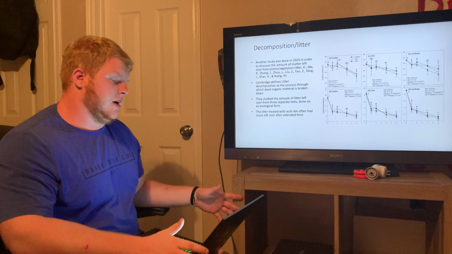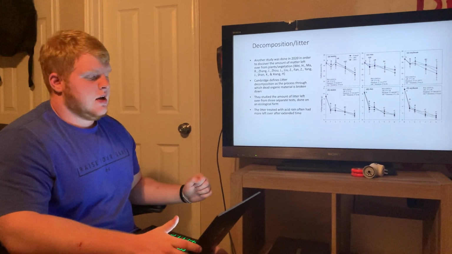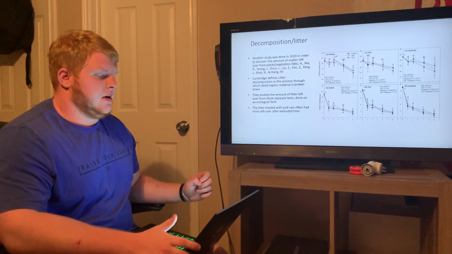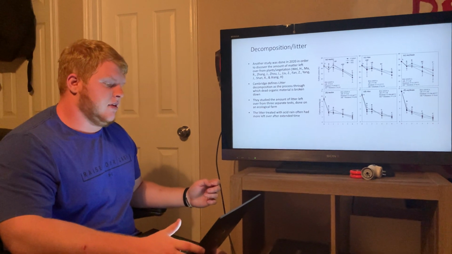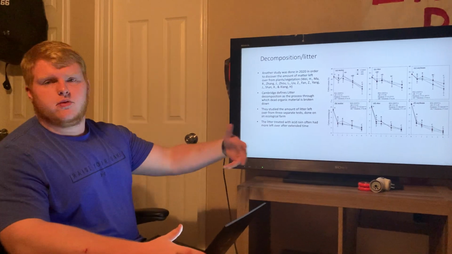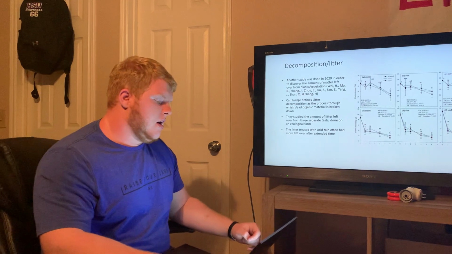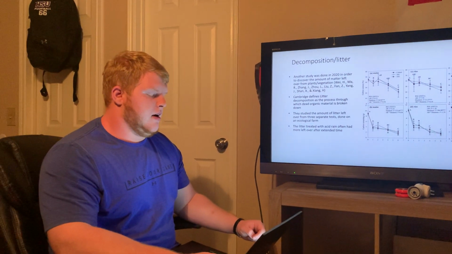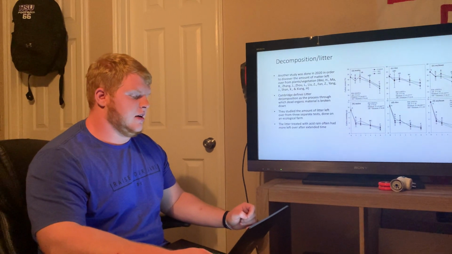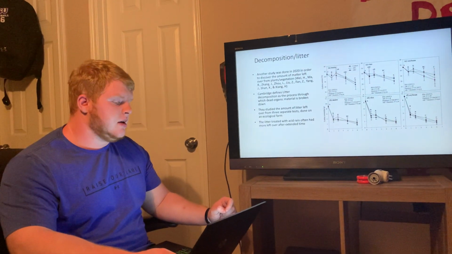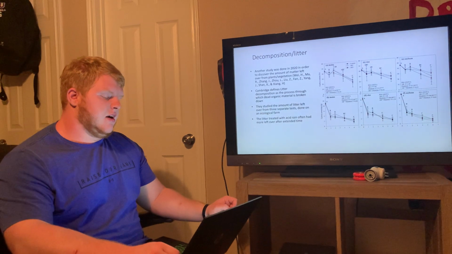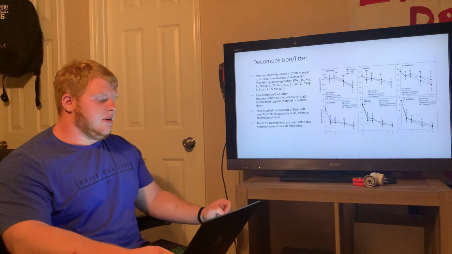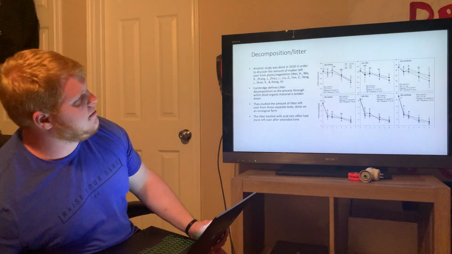Another study was done in 2020, very recently, in order to discover the amount of matter left over from plants and vegetation, which we're going to refer to as litter. They studied the amount of litter left over from 3 separate tests done on an ecological farm. The litter treated with acid rain often had more left over after extended time.